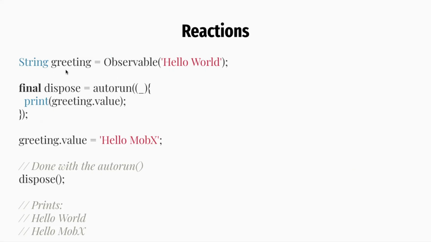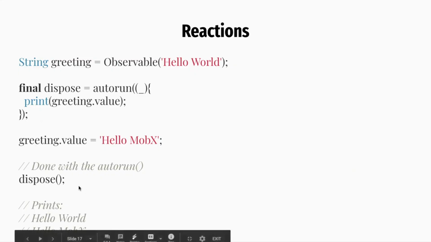Initially we have the value hello world, so as a default it will surely print hello world first of all, and then we are going to change it to hello mobx. Then it will automatically rerun this reaction and print hello mobx. So this will run automatically.